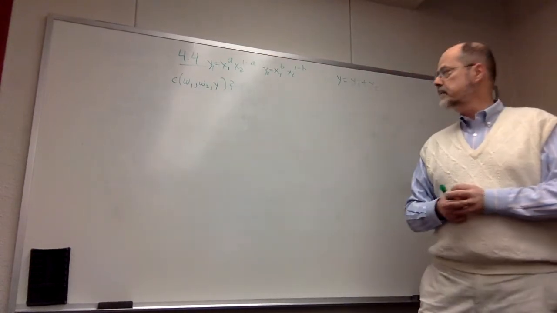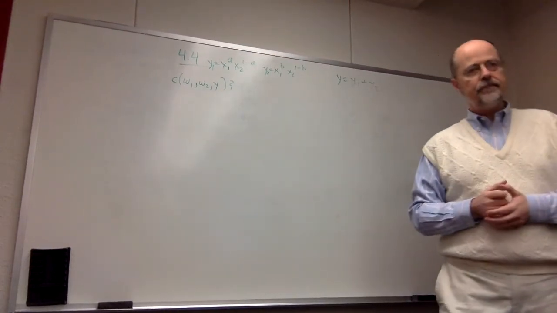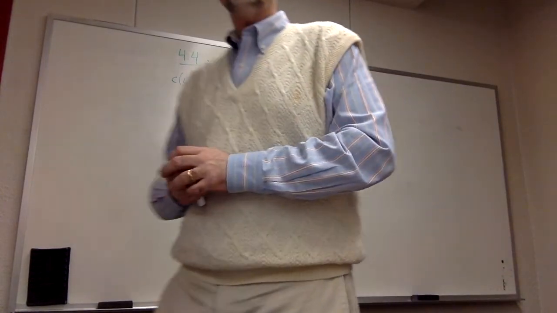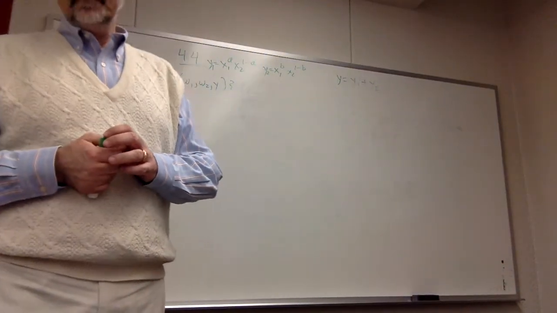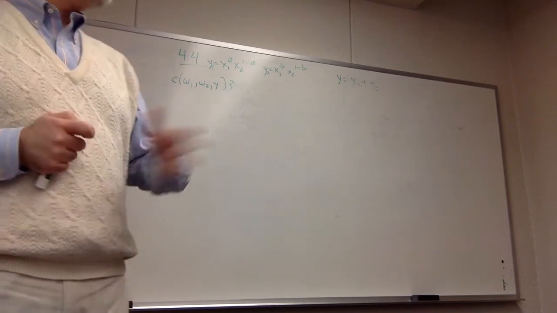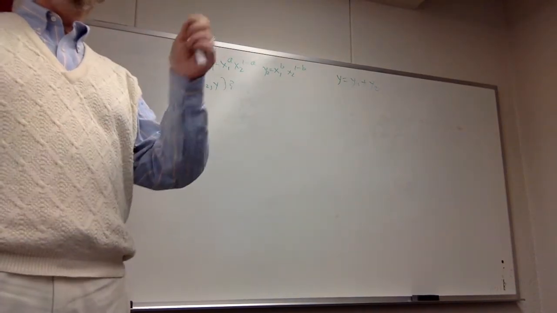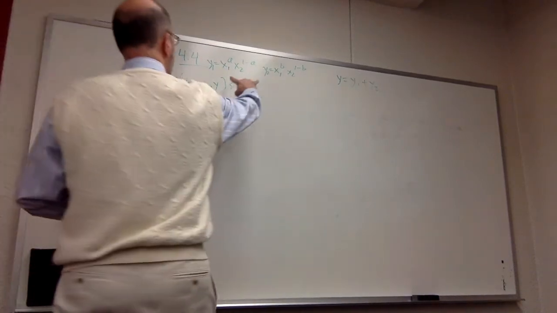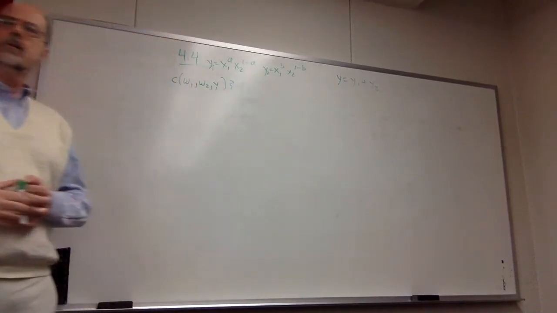What thoughts do you have about how to approach this? Yes? You can tell that it's constant returns to scale from a and 1 minus a. Yes, and also b and 1 minus b, so each one. So the individual cost functions of these will look like what?